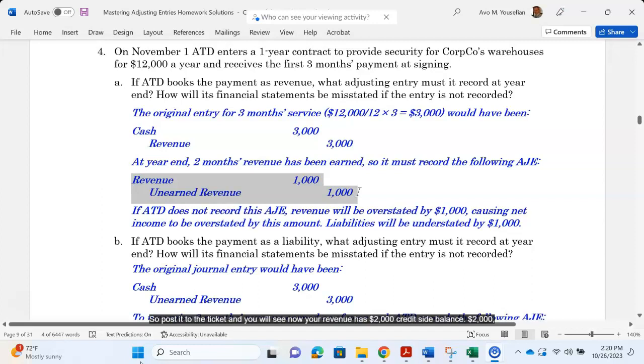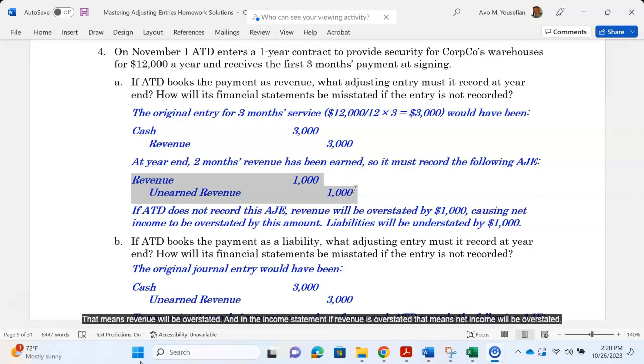So post it to the T account, and you will see now your revenue has a $2,000 credit side balance. If ATD does not record this adjusting entry, then the revenue will not be reduced. That means revenue will be overstated. And in the income statement, if revenue is overstated, that means net income will be overstated.